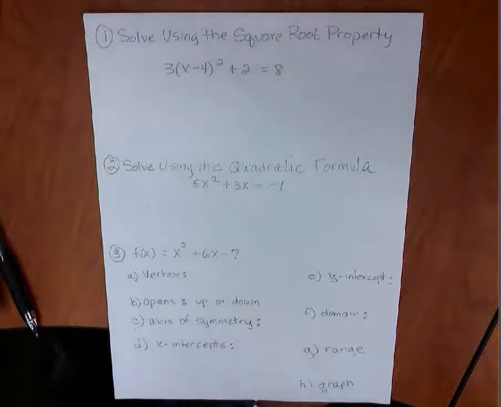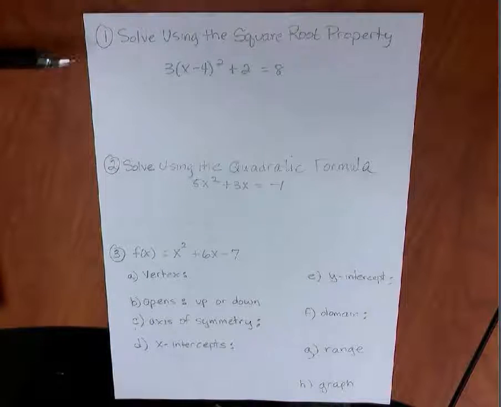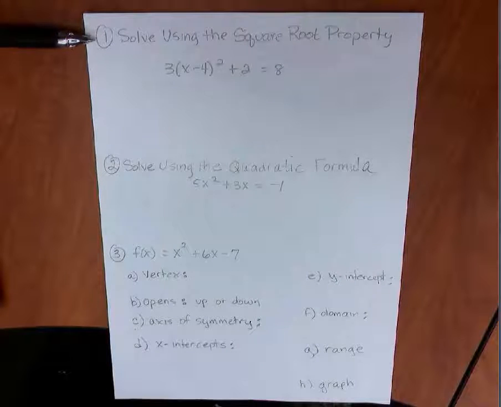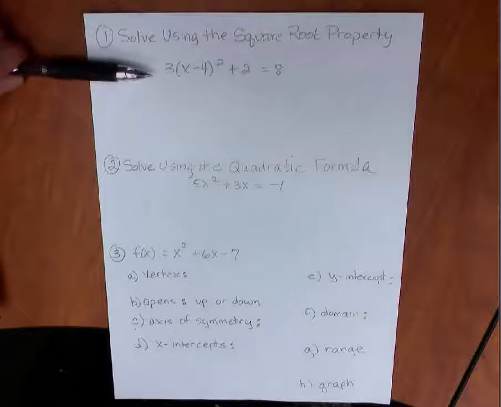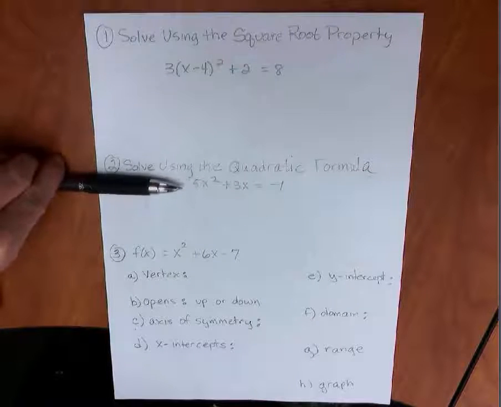So this is the assignment I would like you to do. I want you to get your own paper. I want you to do problem 1, which is to solve this using the square root property. That's where you isolate the square, then take the square root of both sides. I want you to solve this question using the quadratic formula and make a note of the steps. You have to make sure it's in standard form first.